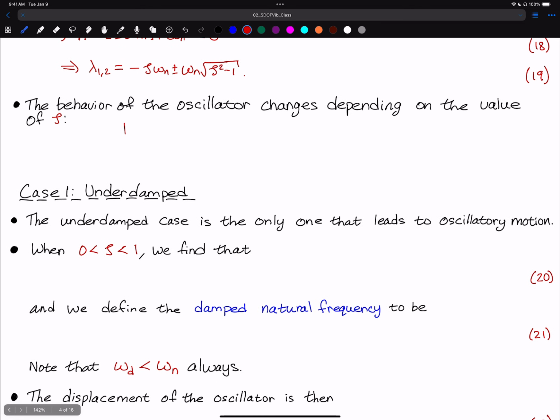So first, if zeta is 0, then you get an undamped response, and we dealt with that in the previous section, so we're not going to consider that here. If zeta is less than 1 but greater than 0, we get what is known as an underdamped case.